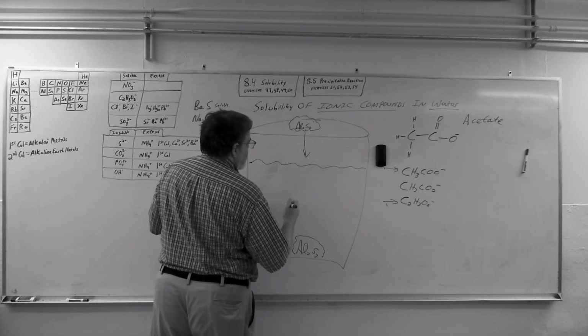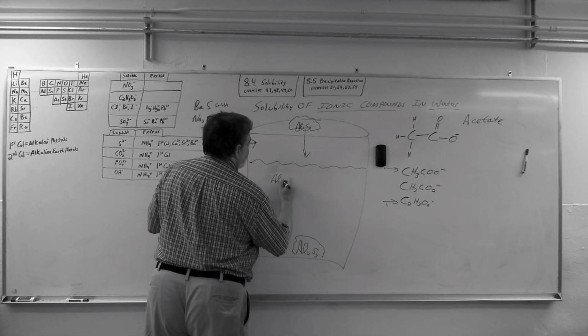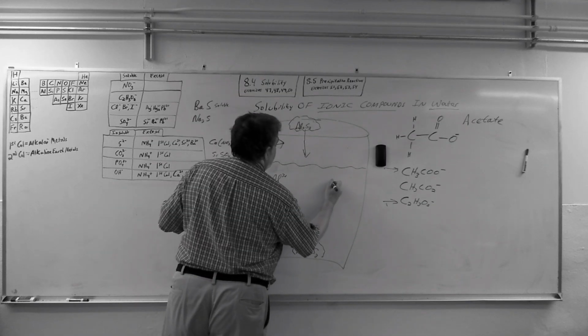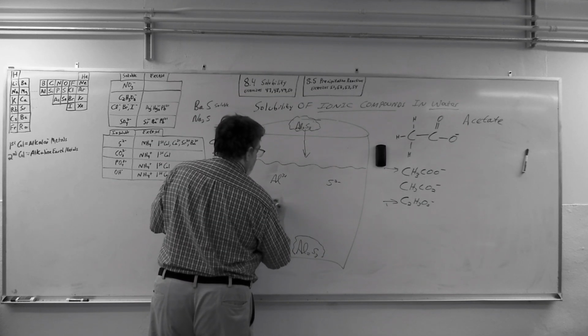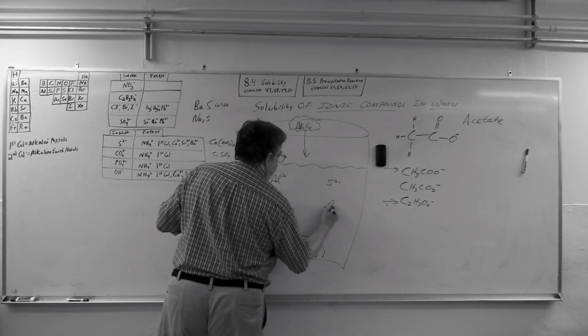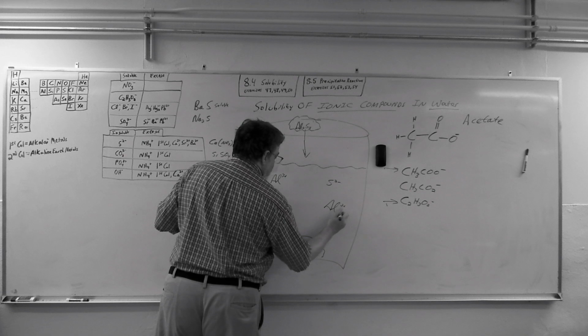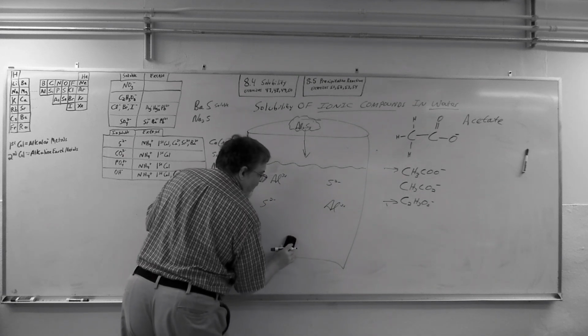For the discussion today, it's helpful to realize that if I did have these, saying it this other way helps you realize that you can still have these ions in water.